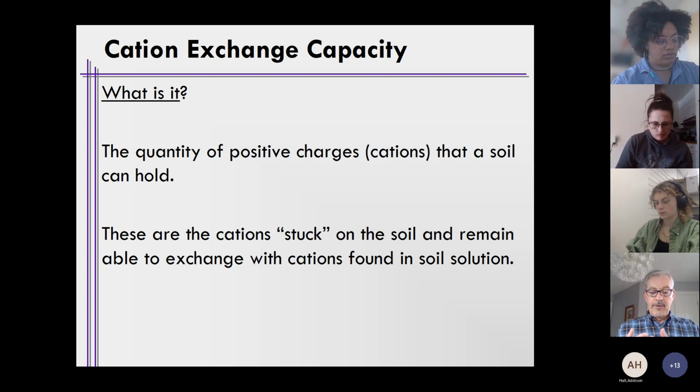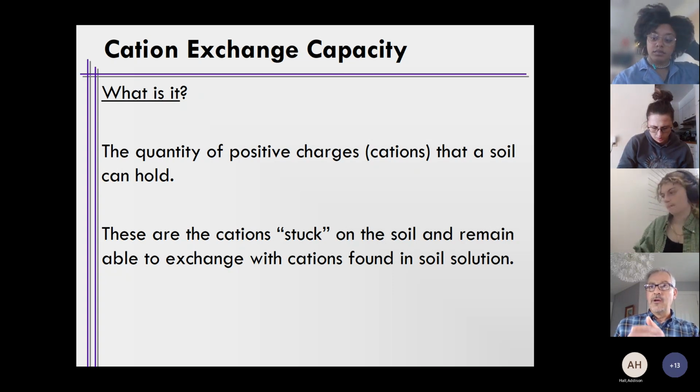And so these cations that are stuck on the outside of soil particles or organic matter can move between being stuck and into the soil solution simply because other ions or cations exchange with the cations that are stuck on the soil, right?